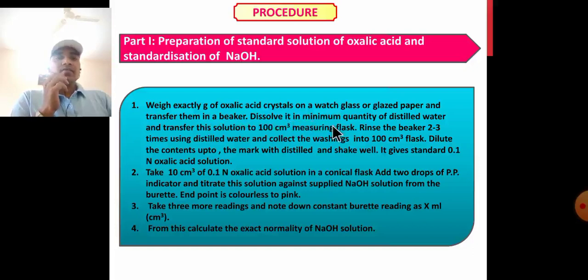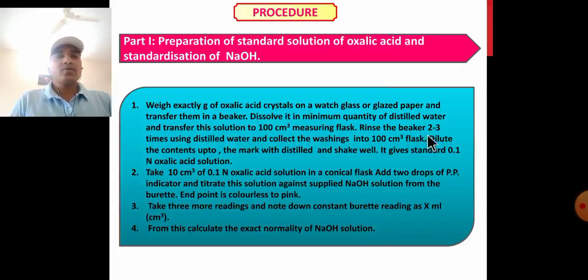Dissolve it in a minimum quantity of distilled water and transfer this solution to a 100 ml volumetric flask.